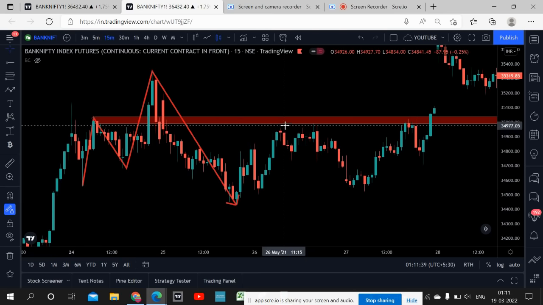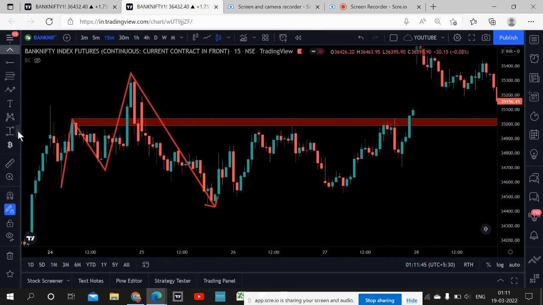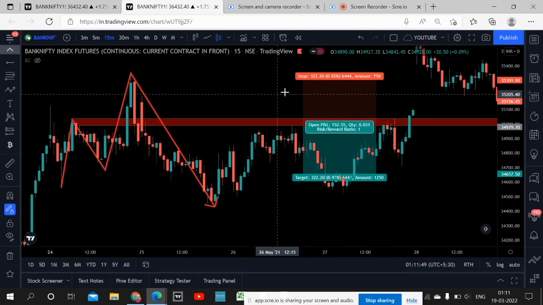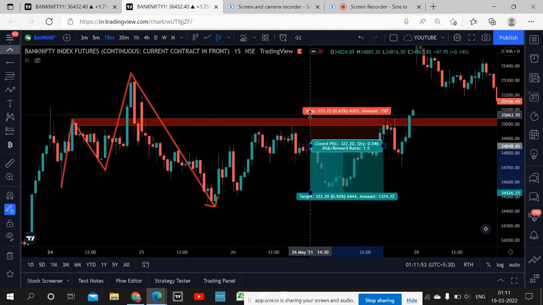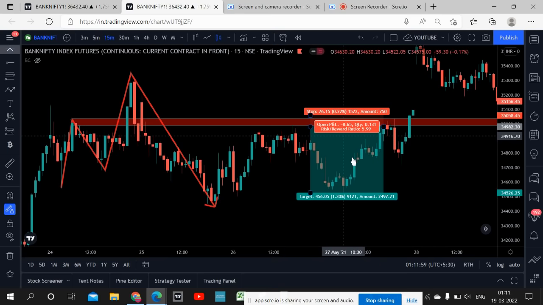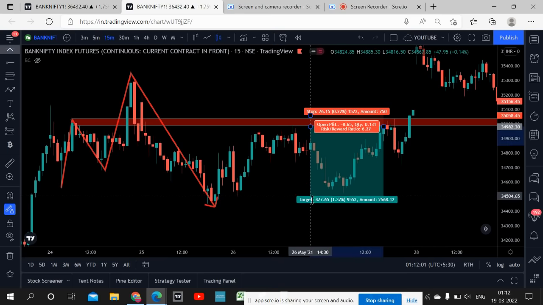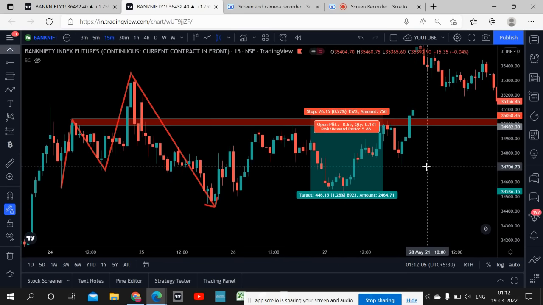First time the entry missed by a few points, and again it came for the second time. It exactly touched the range, and for a stop loss of 76 points, the target it has given was 446 points, which is nothing but 1 is to 6.